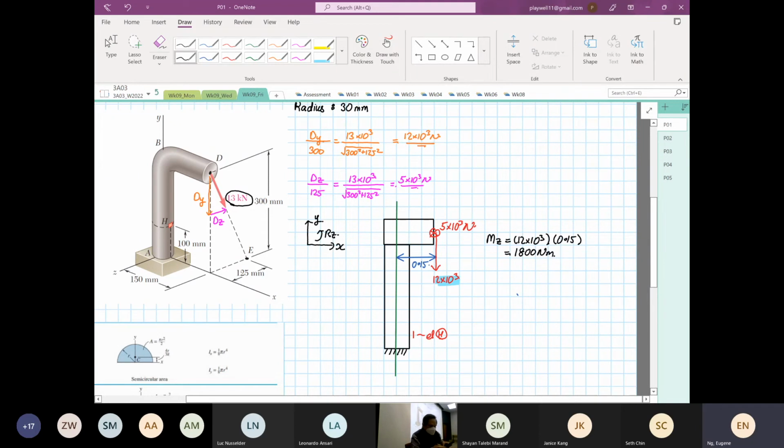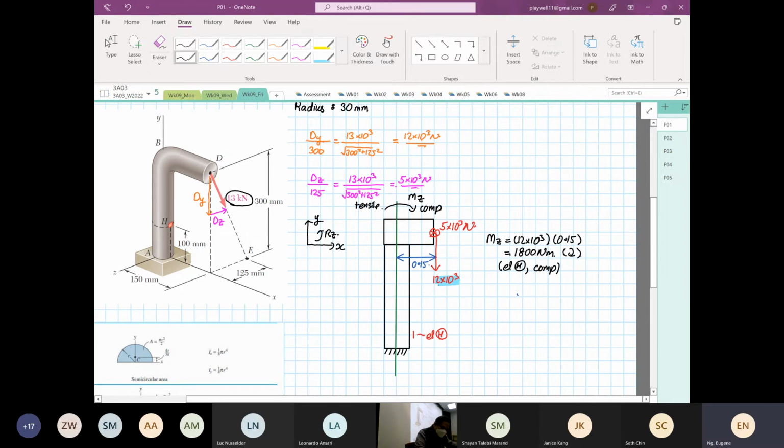Let me do it again: 12 to the power 3 times 150, it's going to induce a rotation this way. So this is our MZ. On element H, MZ is going to see compression because the head of the moment vector is compression, the tail end is tensile.